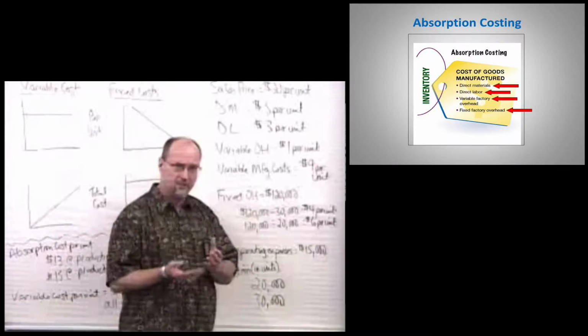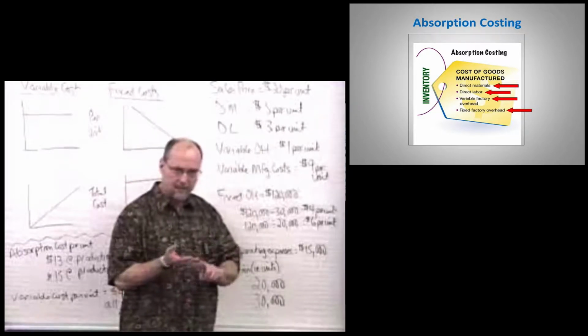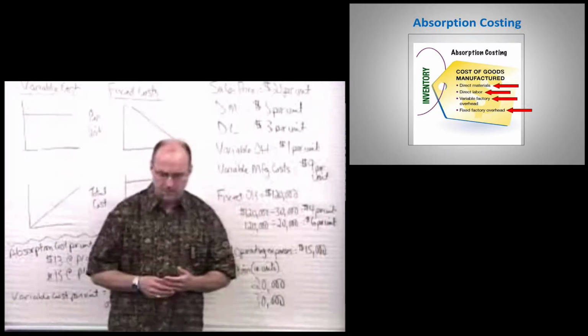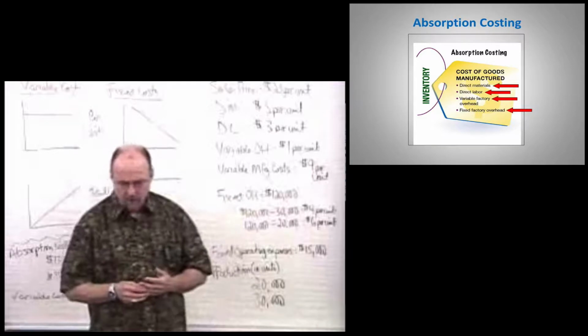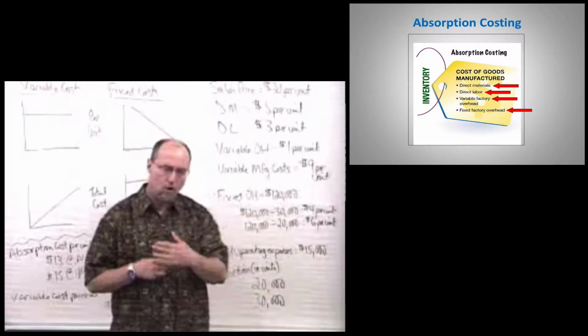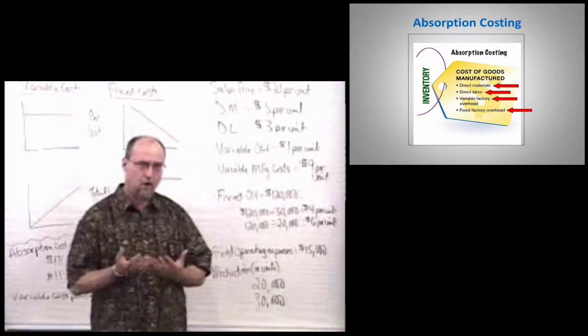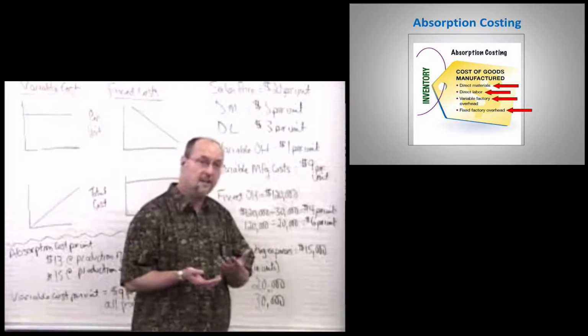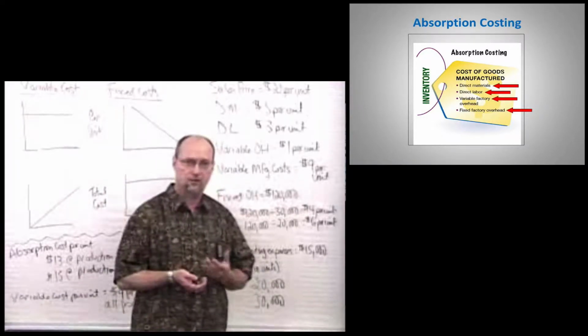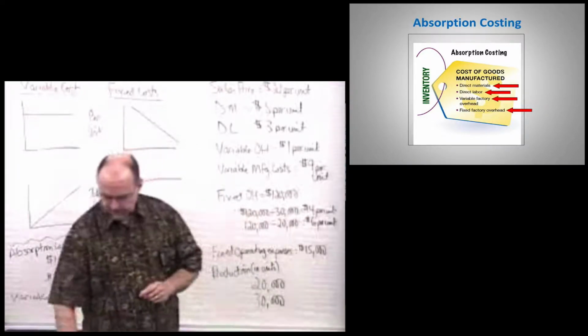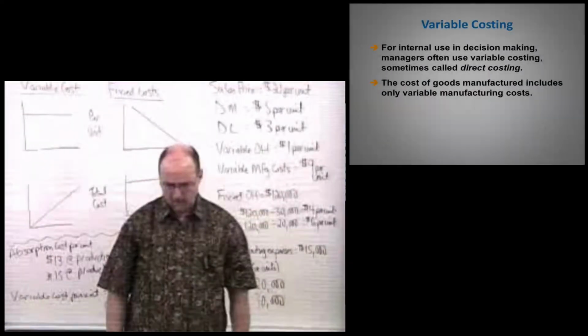But there is discussion on that. That aside, direct materials and direct labor are variable costs. Variable overhead and fixed overhead are all included in the cost of the goods we manufacture and the cost of goods sold. That's going to be different than variable costing.